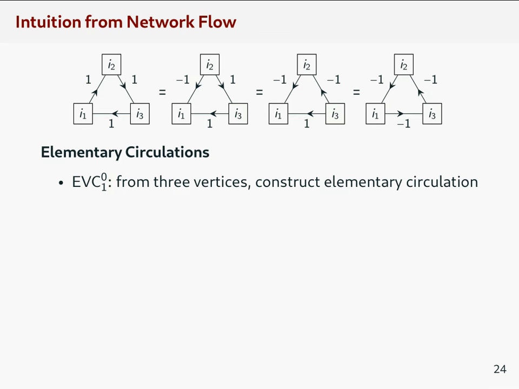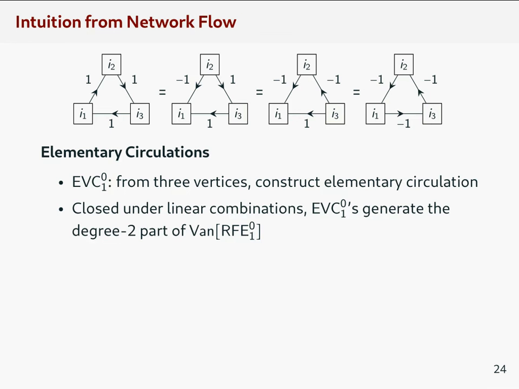So EVC is a rule that says you give it 3 vertices, and it gives you this elementary circulation in this representation. Meanwhile, if you close the EVCs under linear combinations, then you get the degree 2 part of the vanishing ideal. This is because the EVCs generate the vanishing ideal.